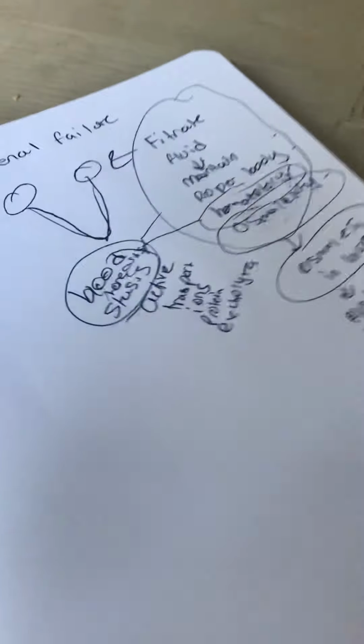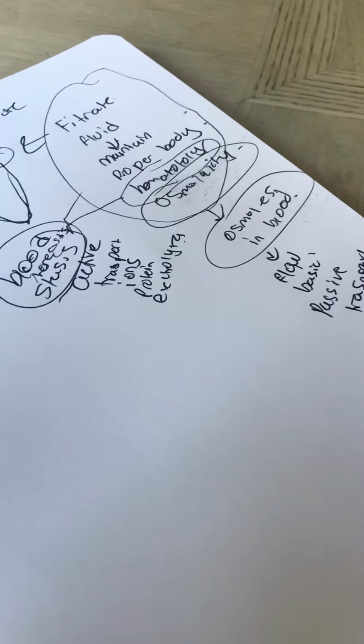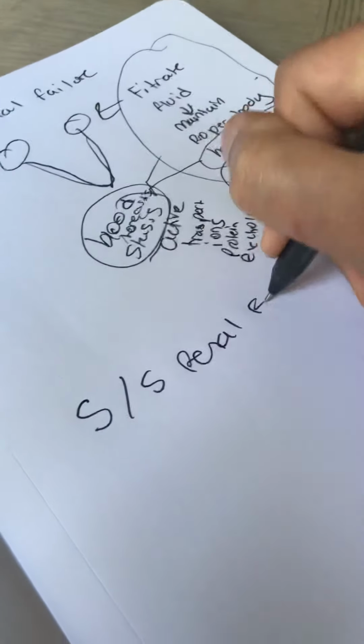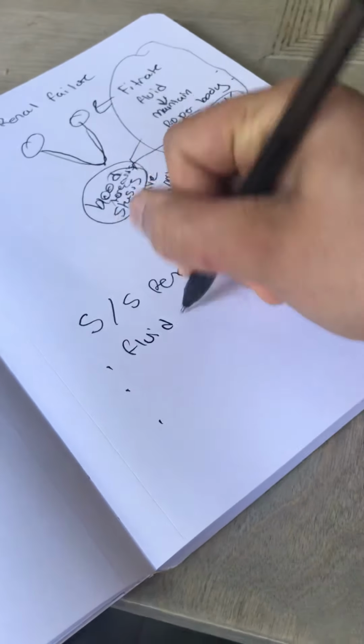Now, let's say they hit you with these are the signs and symptoms of renal failure. And they want you to remember 5 bullet points, and we're just going to move on to the next slide. That's rude because you don't quite understand anything. So, let's say, what are the signs and symptoms? So, let's say fluid retention.